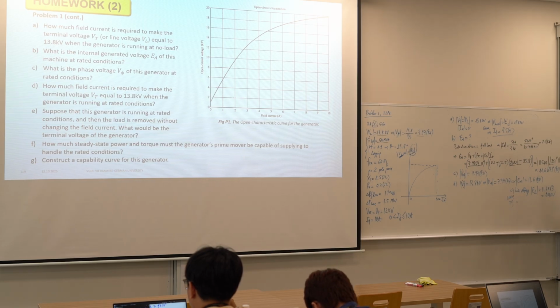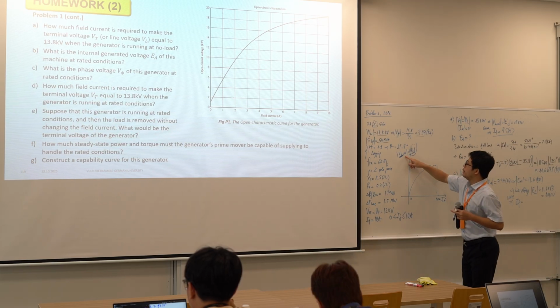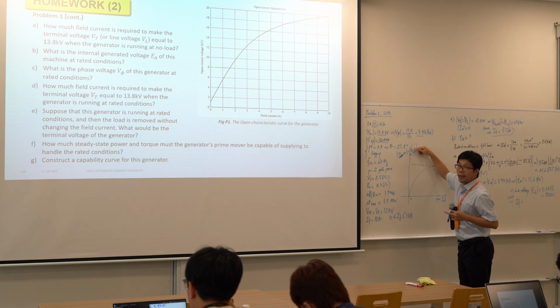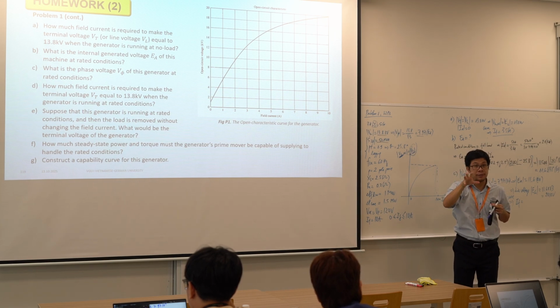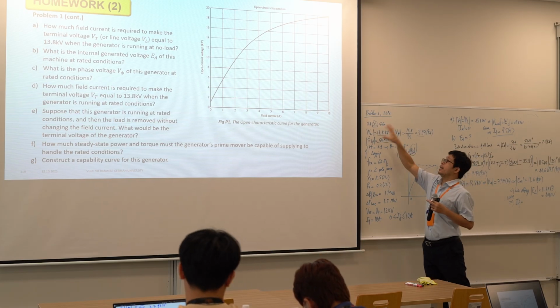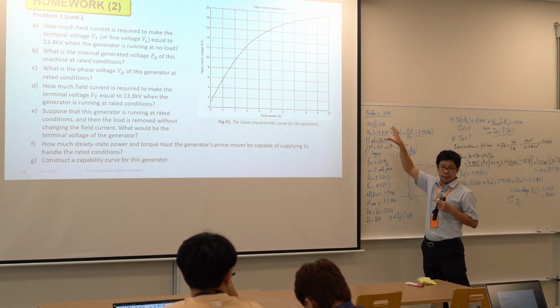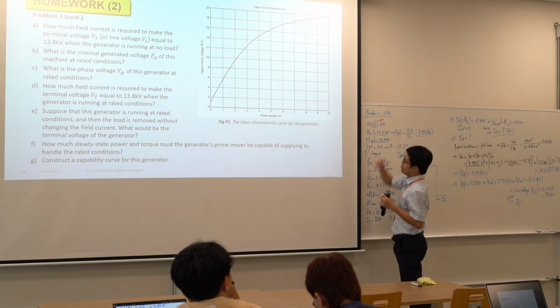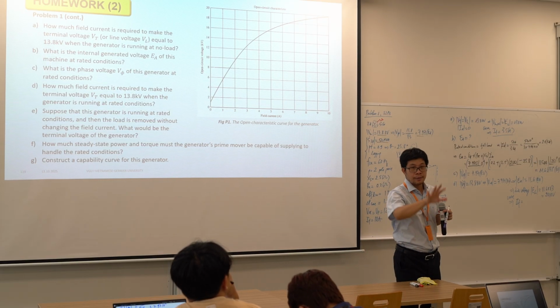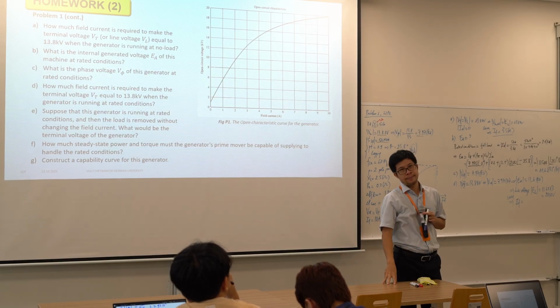After that, we use the curve. If we have 20.1, we can get IF. Do you understand? Remember, this curve is always open circuit line voltage, EL, not EA, which is the internal phase voltage. You need to consider Y connection or delta connection. For the final exam, I just modify Y to become delta, and some students fail this course.